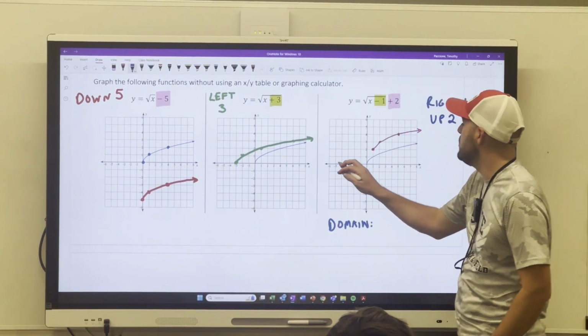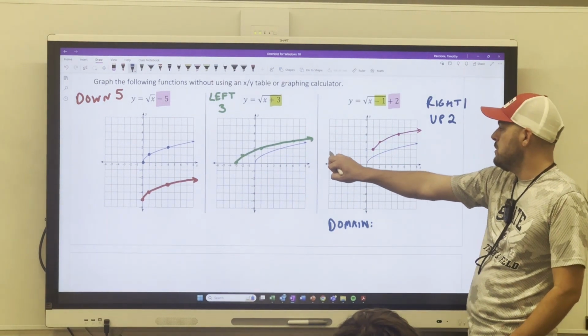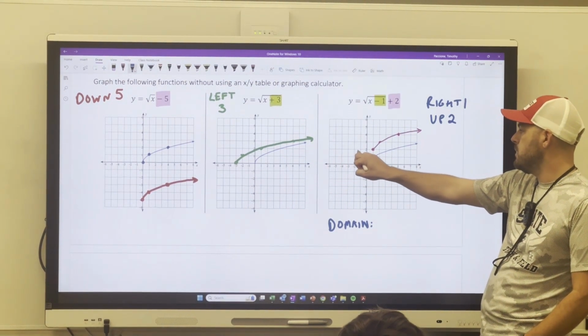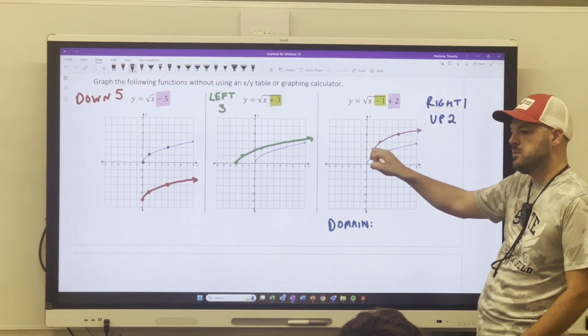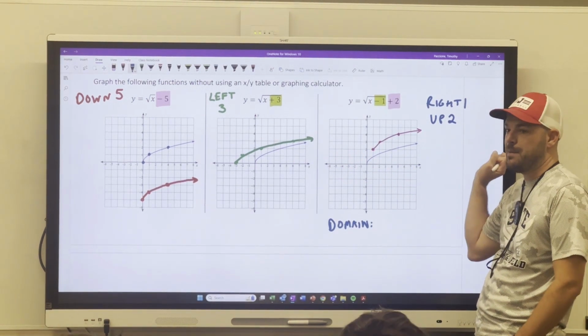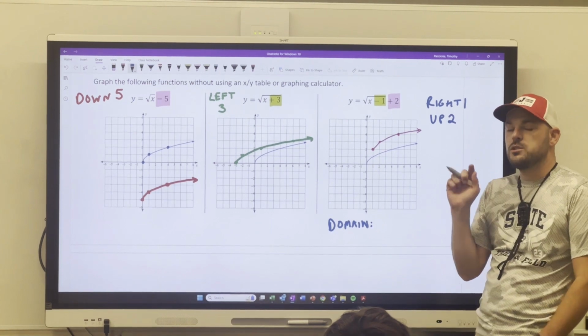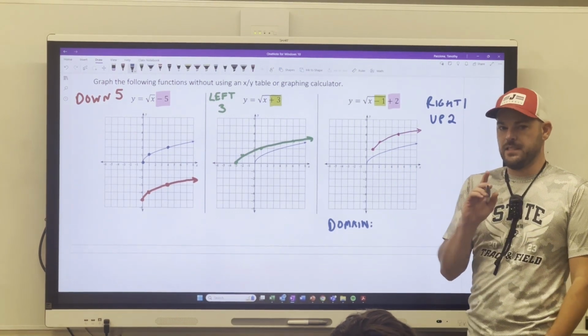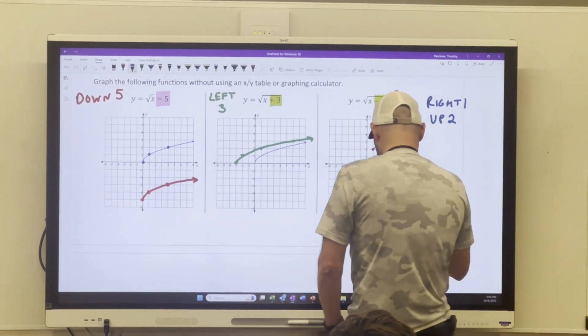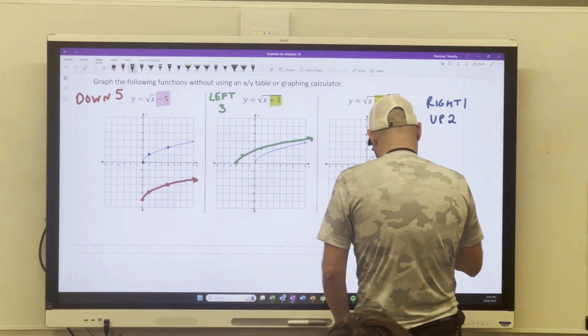Well, if I'm looking at the pink function, right? There's my first x value. Where is it? 1, and then it goes on after that. So it's not x is greater than or equal to 0 anymore. It's x is greater than or equal to 1.